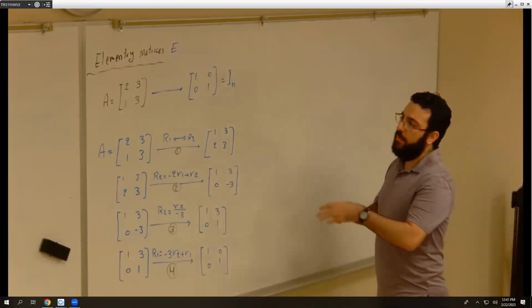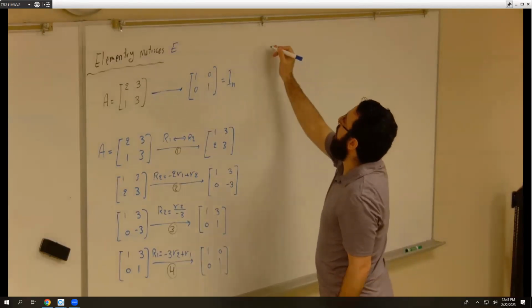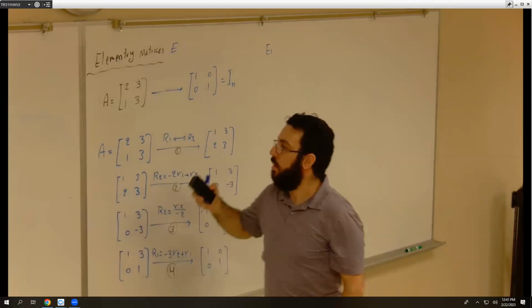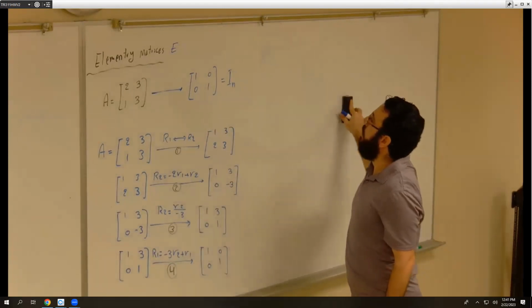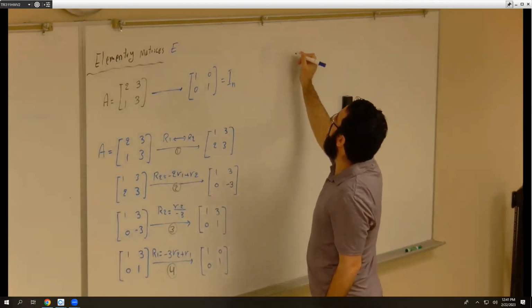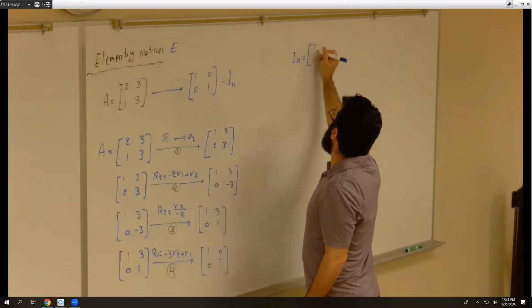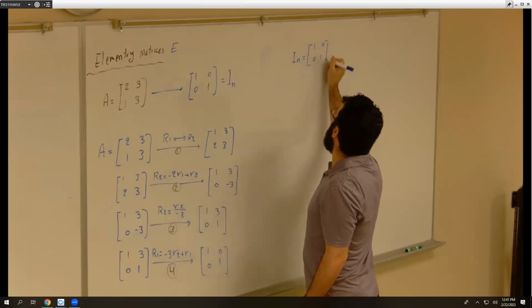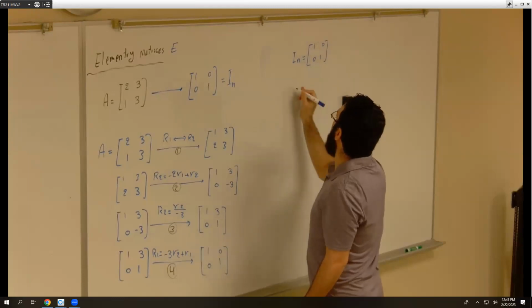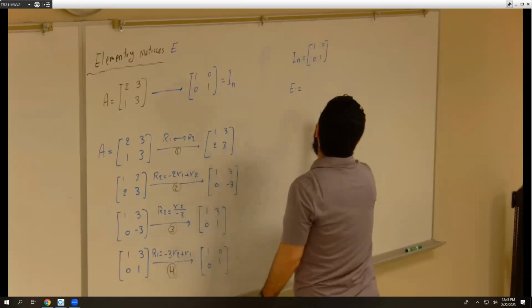Let's write down the first matrix, E1. I'm always going to start using the identity matrix. I know my identity matrix is 1, 0, 0, 1. Now, I'm going to find the first elementary matrix.